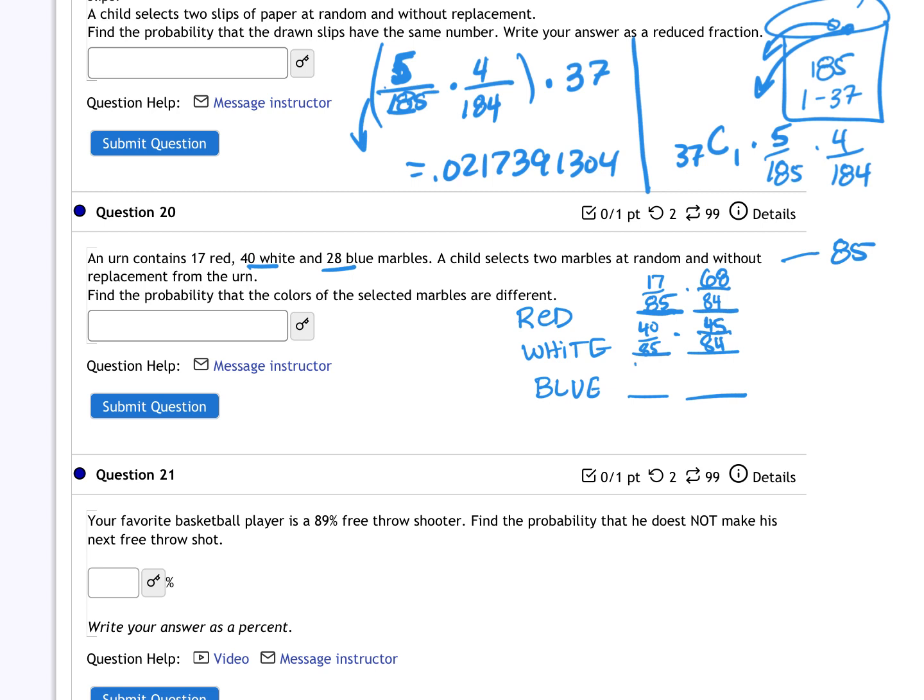If I start with the blue, 28 out of 85 chance of starting with the blue. And then to not get a blue next, there's only 84 left because I took one out without replacement. 17 red left in there and 40 white, so that's 57. Okay. I multiply these up and add them together. And that should give me my answer.